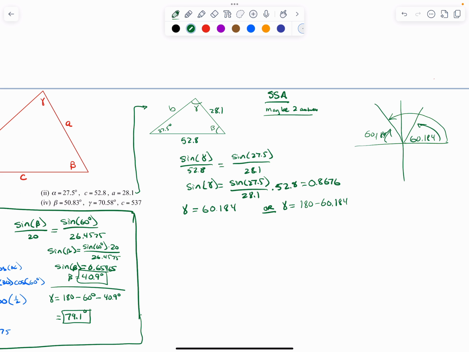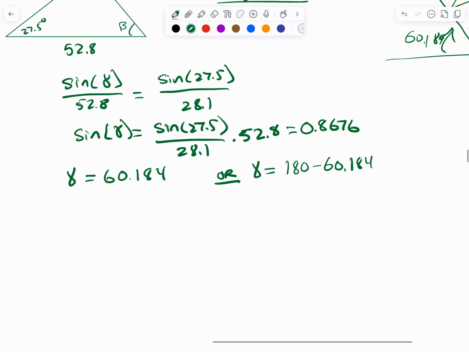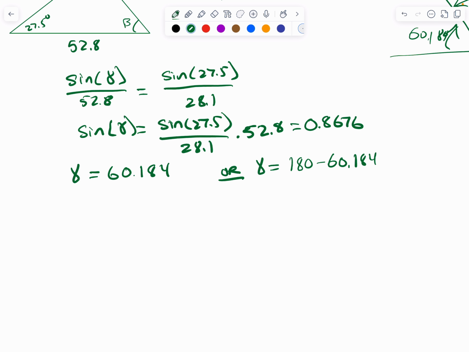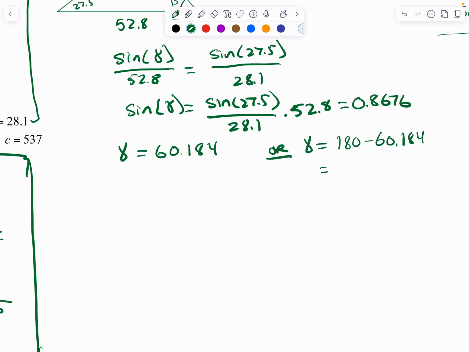It'll always be that way, by the way. If you have two triangles, one of them will be the angle you get from your calculator. The other one will be 180 minus that angle. And I got 119.816 degrees.